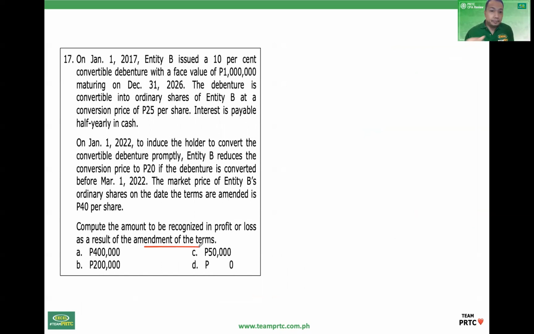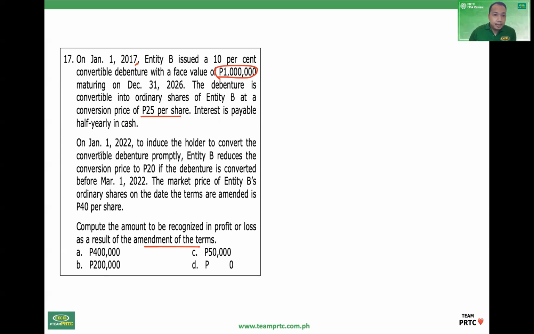So what happened? Here's the background. Issued on January 1, 2017, 1 million convertible debenture. Okay, so ang original conversion price, 25 per share. So each 25 peso bond, 1 share.